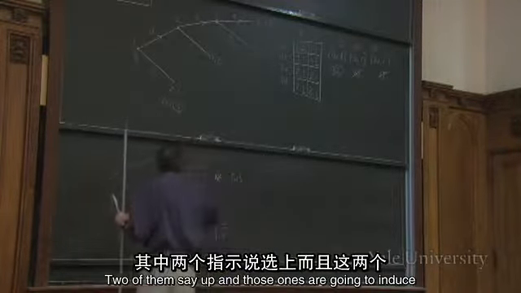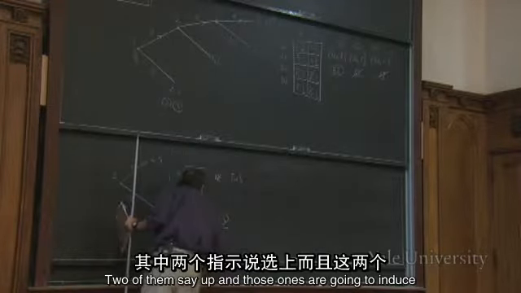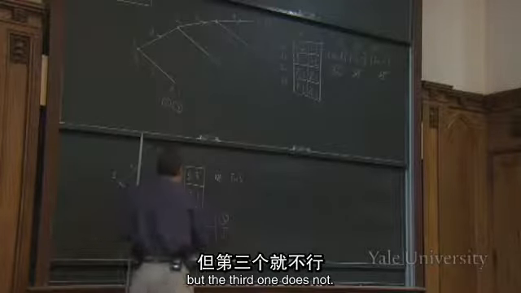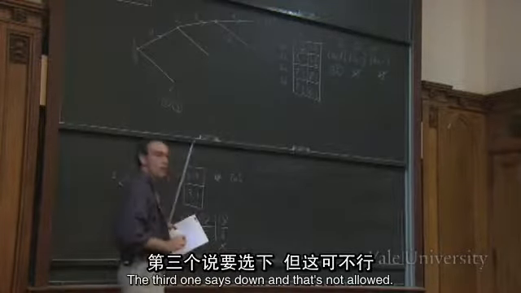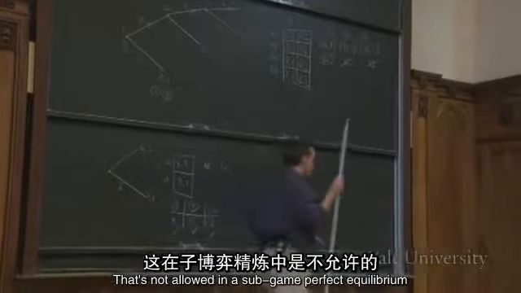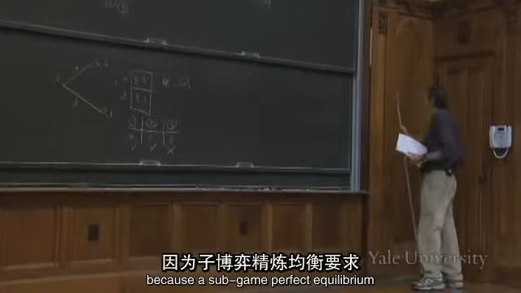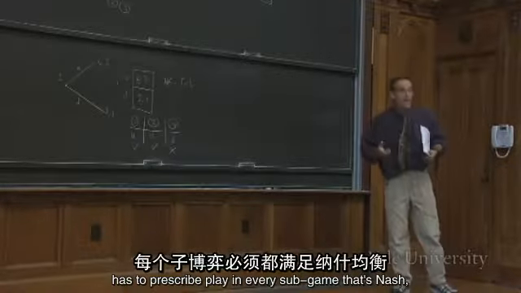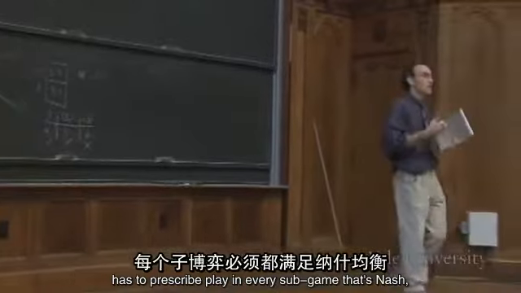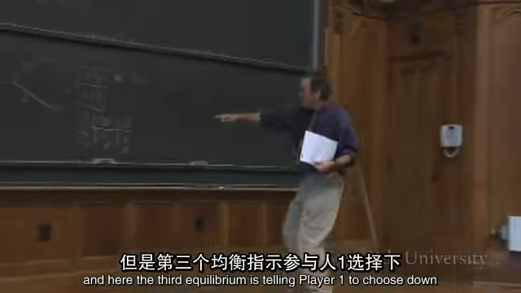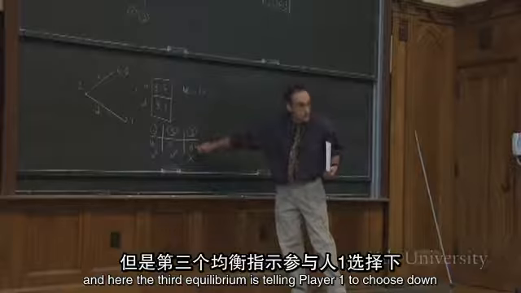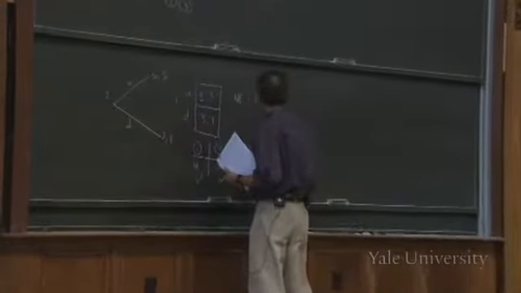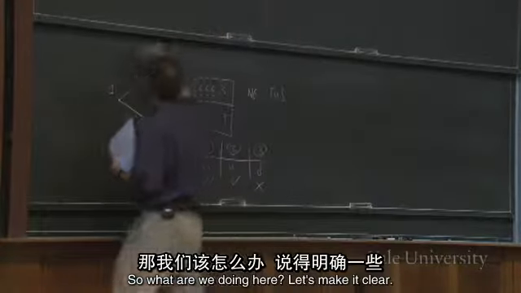All right, 2 of them say up, and those ones are going to induce the Nash equilibrium in the subgame. But the third one does not. The third one says down, and that's not allowed. That's not allowed in a subgame perfect equilibrium because a subgame perfect equilibrium has to prescribe play in every subgame that's Nash. And here, the third equilibrium is telling player 1 to choose down, which is not a Nash equilibrium in the subgame. All right? So what are we doing here? Let's make it clear.